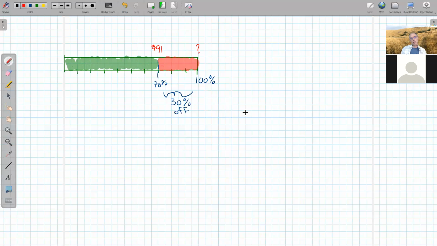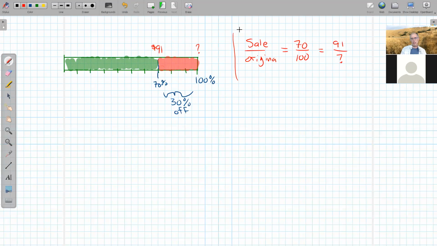And then there are two ways to look at this picture. Now, I like to look at it in terms of sale price over original. And so according to my picture here, as far as percents go, the sale is 70%, what I pay, out of the original 100%, compared to the sale of $91 out of the original, I don't know what it is, question mark.